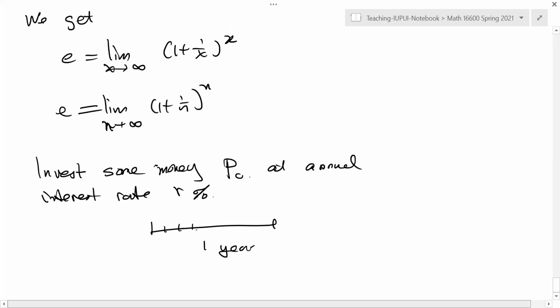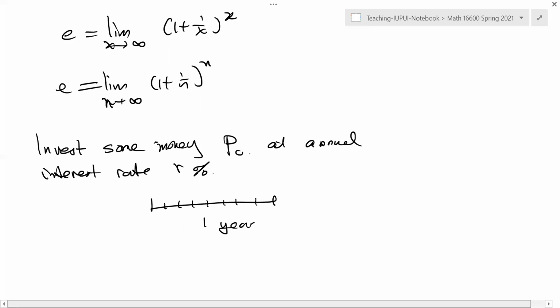You can divide the whole year into n equal parts. n could be 12, or if it's quarterly, n equals 4. So we can assume it's compounded n times per year.